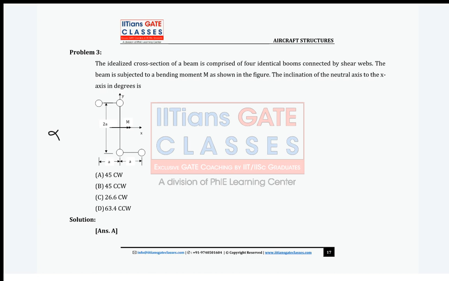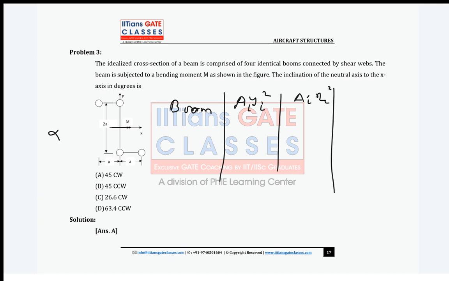It is boom, then A, then first Ixx, so A Yi square, then A Xi square, and then A Xi Yi. Now wait, there are booms 1, 2, 3, 4. The first we are not interested to find, but still we can write.